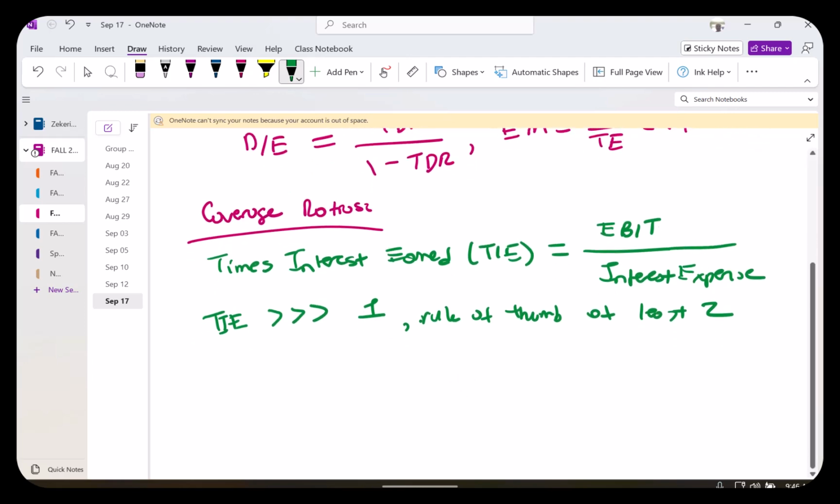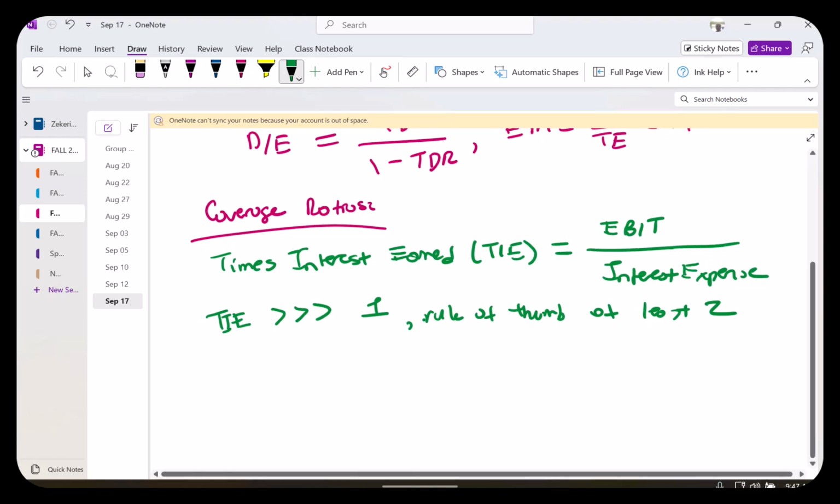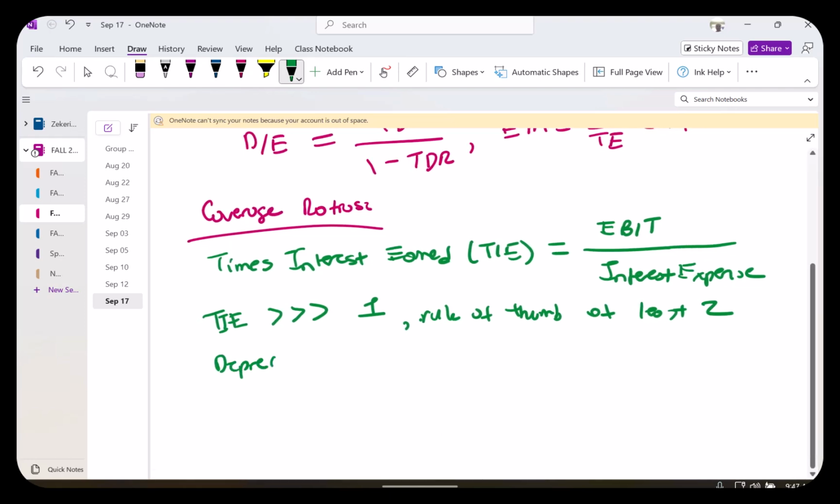One of the things that choice of accounting methods affects quite a bit is EBIT, because we have to worry about depreciation and other non-cash expenses, such as stock-based compensation, amortization, or one-time charges you take, such as on goodwill and that sort of stuff.